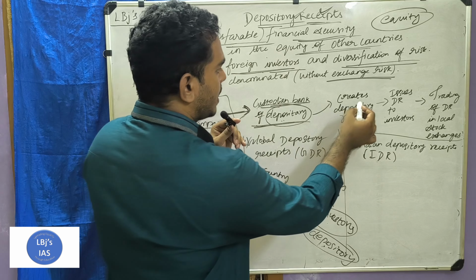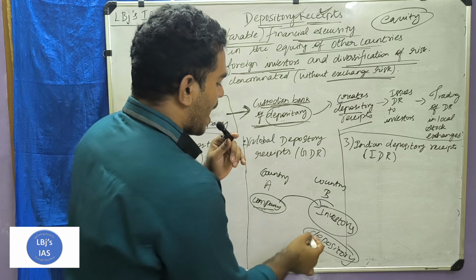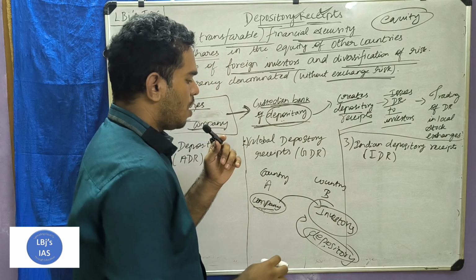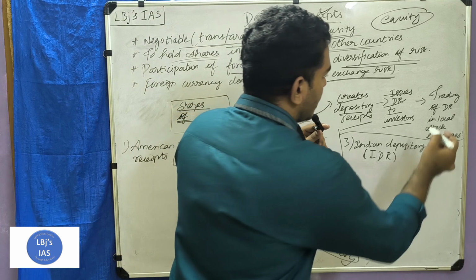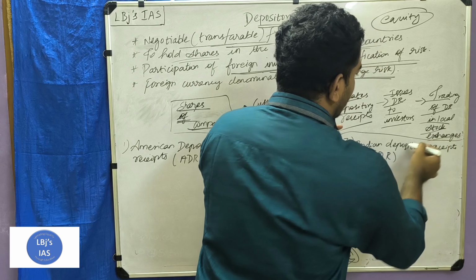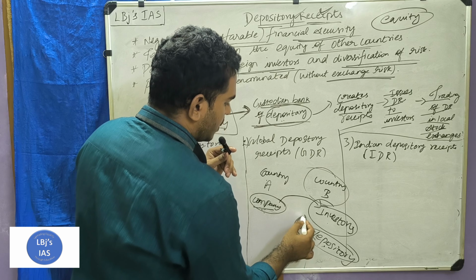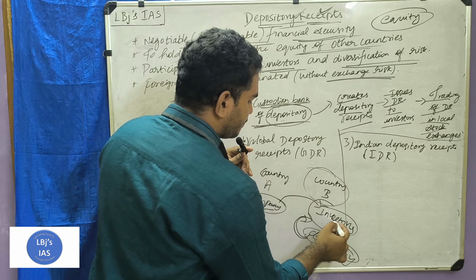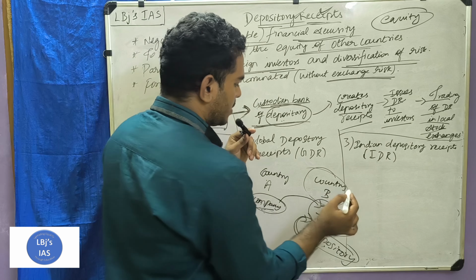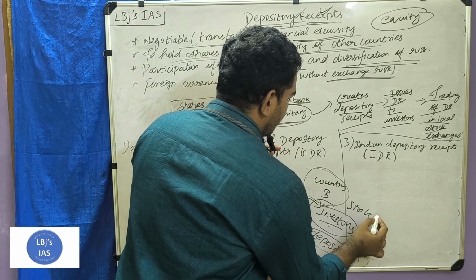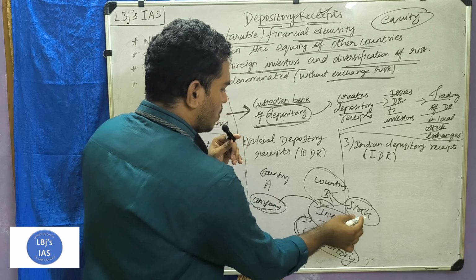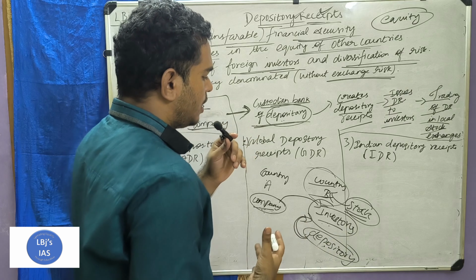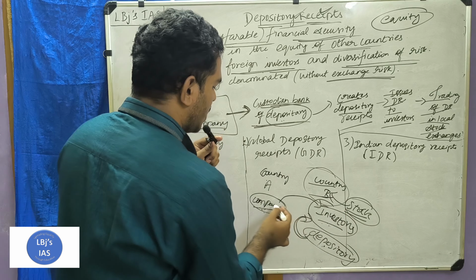Then the depository will create depository receipts and issue them to the investors of country B. Then trading of the DR will be done in a stock exchange of country B. So the stock exchanges of country B will trade the depository receipts of such company A.